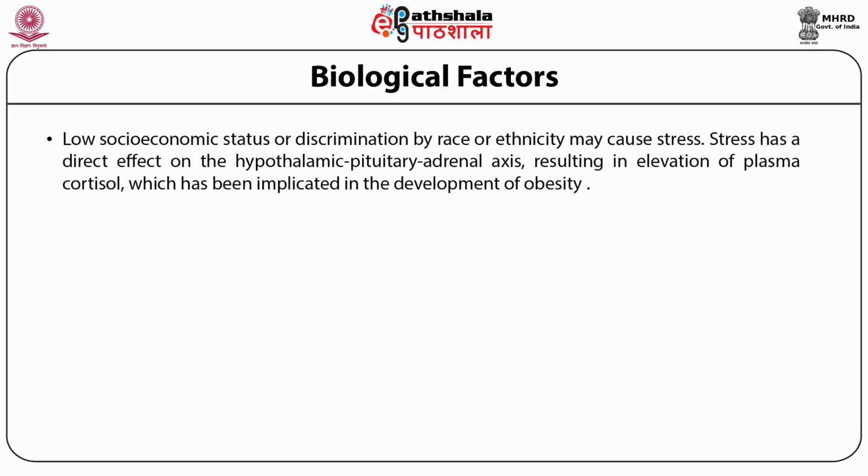Low socioeconomic status or discrimination by race or ethnicity may cause stress. Stress has a direct effect on the hypothalamic pituitary adrenal axis, resulting in elevation of plasma cortisol, which has been implicated in the development of obesity.